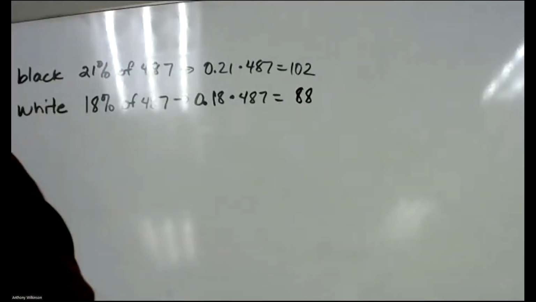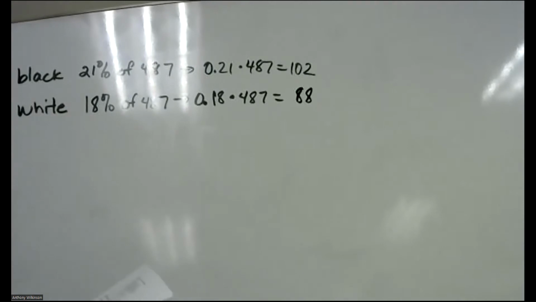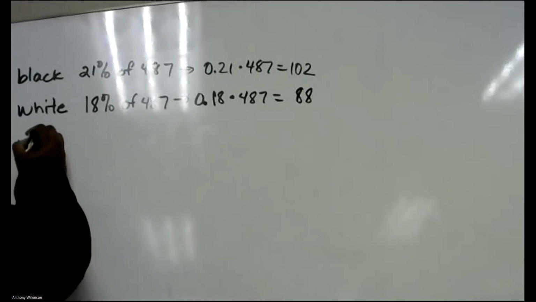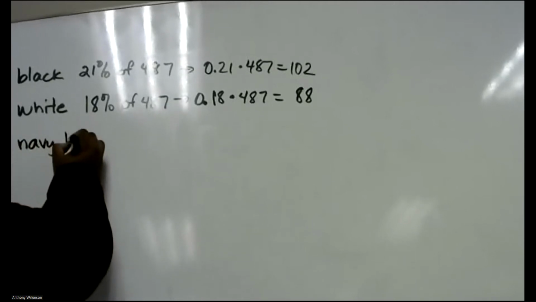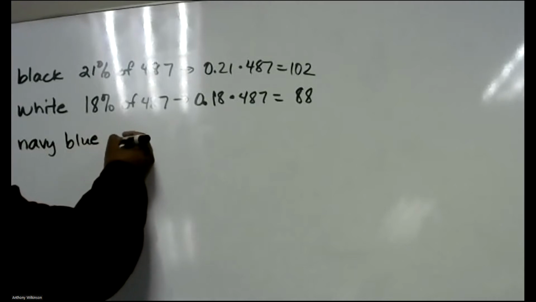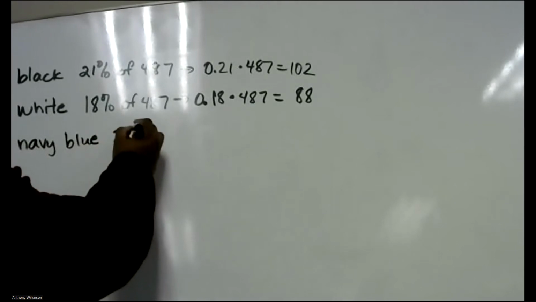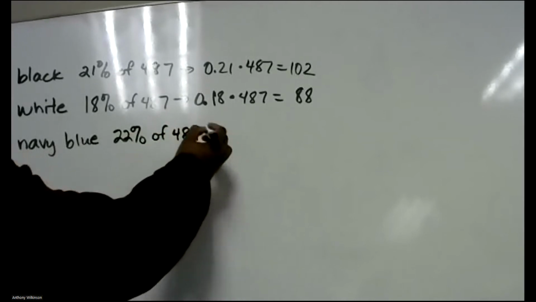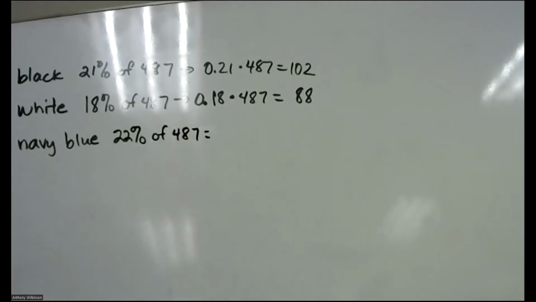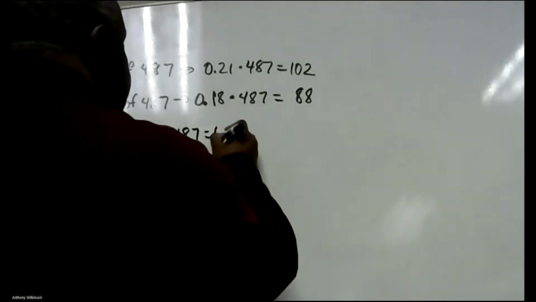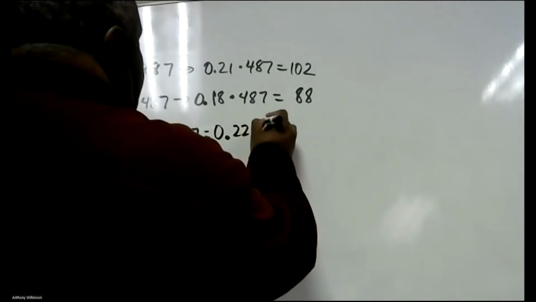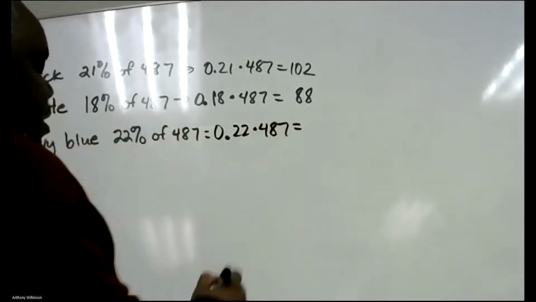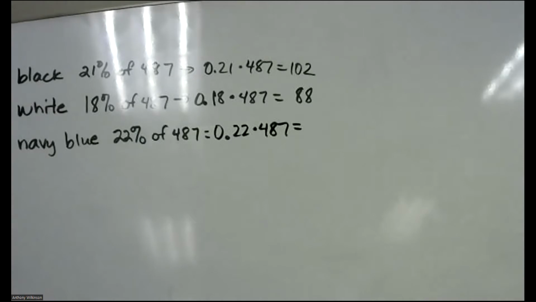Approximately 88 of the uniforms have a dominant color of white. And then for navy blue, we're told that 22% of the uniforms have a dominant color of navy blue. So if we do 0.22 times 487, that's 107.